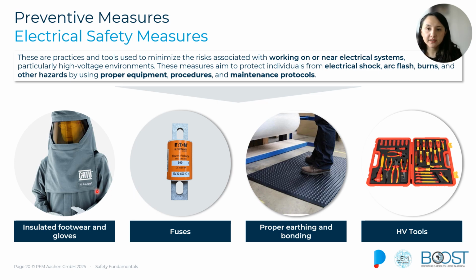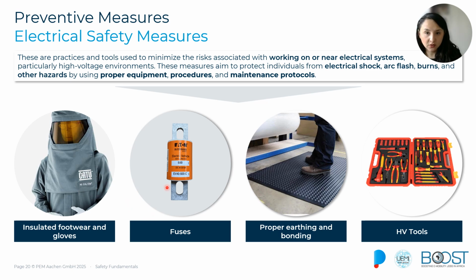One of the simplest yet most effective safety measures is to always use isolated footwear and also isolated gloves. That creates a physical barrier between our body and the circuit, and also prevents the flow of current in case of any accidental touch with live components.